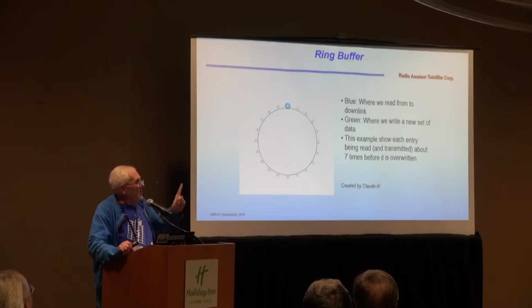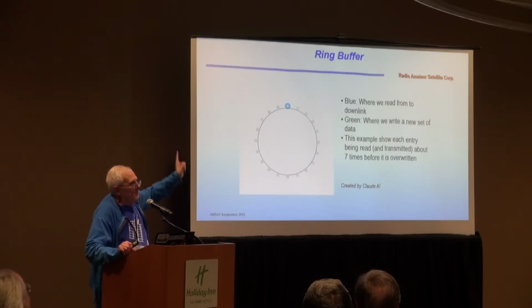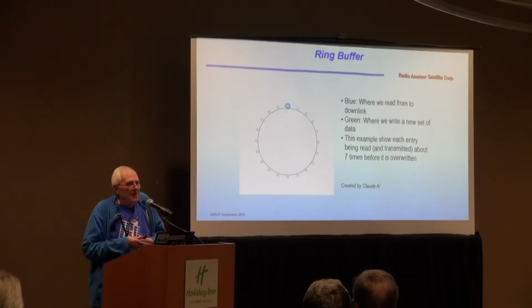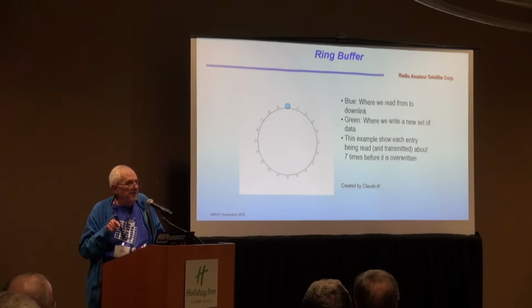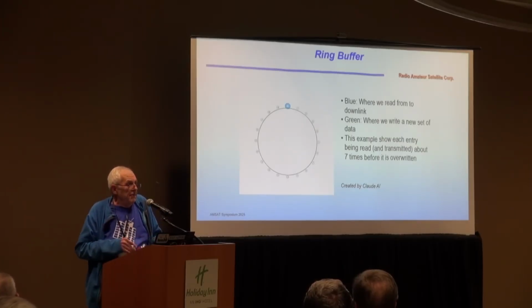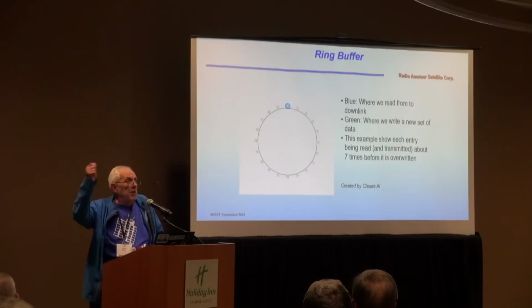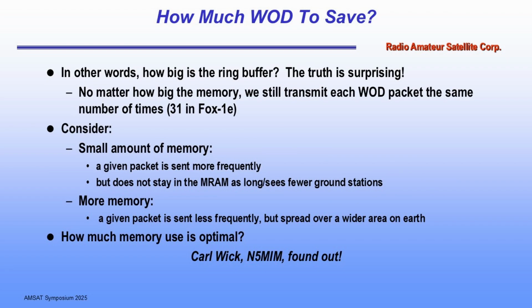The read pointer goes zoom, zoom, zoom. So I think, for Fox 1E, we would send 31 whole orbit data packets per minute, but we only collected one. So every time we collect one, we wipe out the oldest of the previously collected ones.